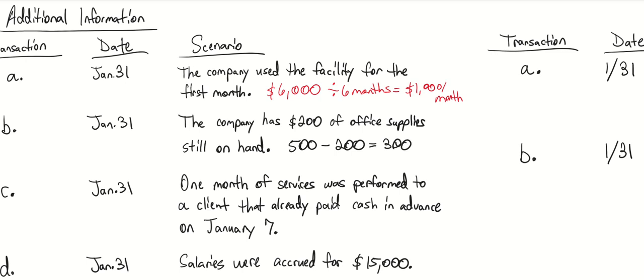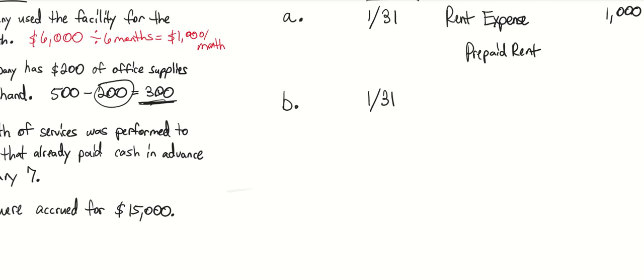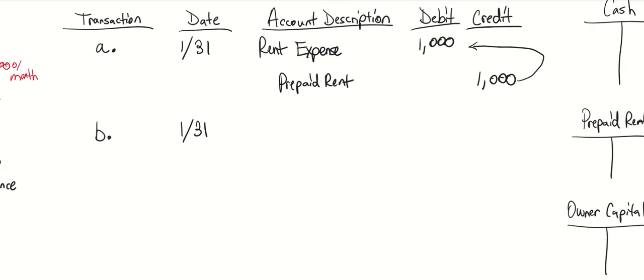Okay, $300 is what we're going to have to record in the company's books to bring the office supplies account from $500 down to $200 because that's what's still on hand. So for letter B, it's just like the prepaid rent example. The account that's going to be credited is going to be office supplies.